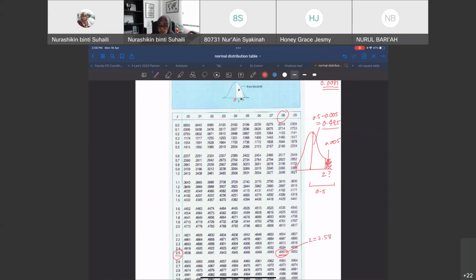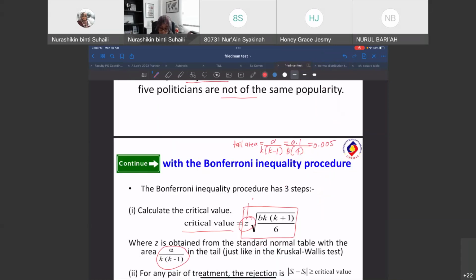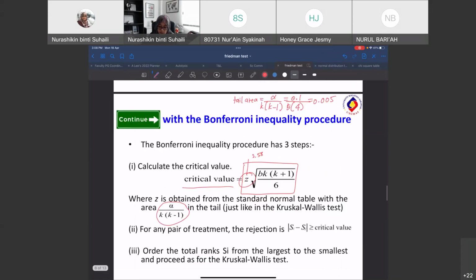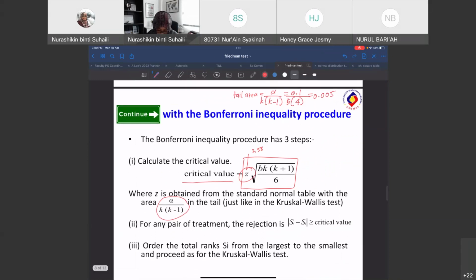This is the value that we substitute into the formula just now. So 2.58, and insert everything. B equal to 6, K is 5, K plus 1. Once you have solved that, what's the critical value there?